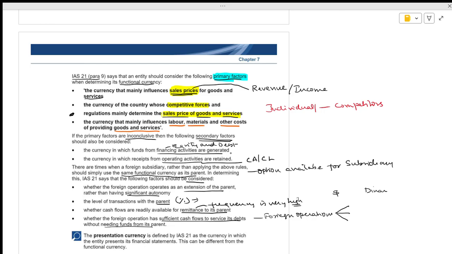If it is in dinar, you are raising the funds locally and you are servicing the funds locally. Definitely you don't need the assistance of the dollar. If that is the case, you have to make a judgment about which one is going to be the functional currency.